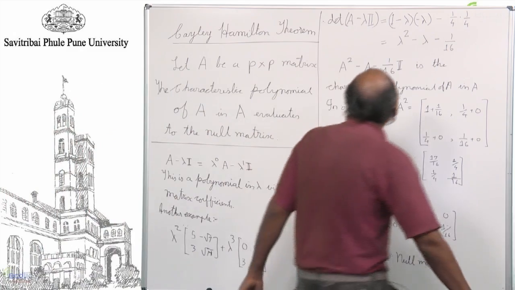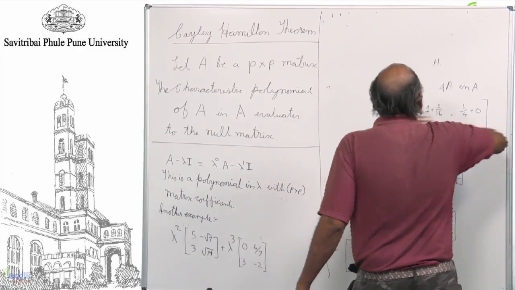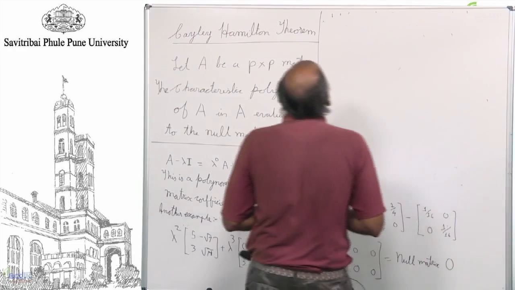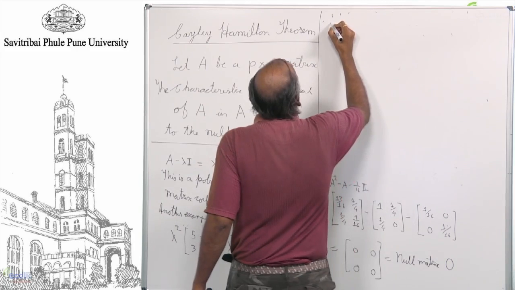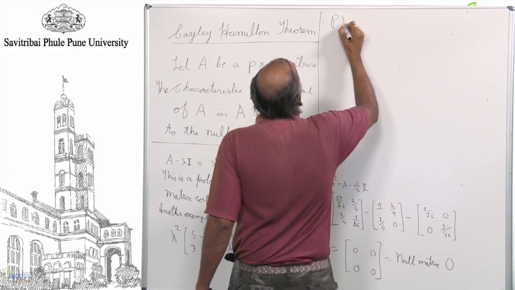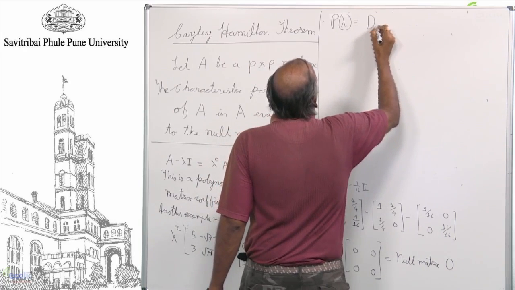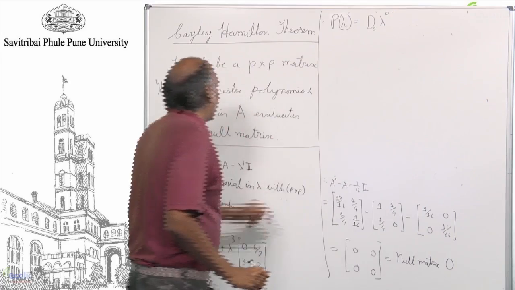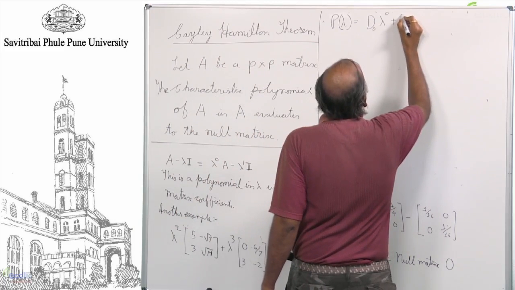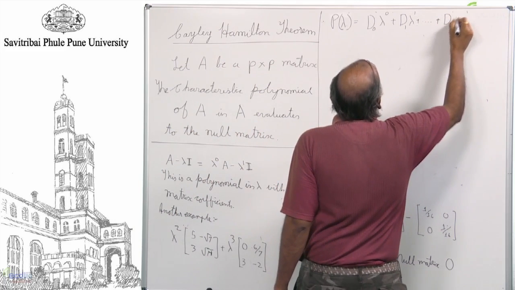So in general, let me define script T of lambda equal to d0 lambda to the power 0 plus d1 lambda to the power 1 plus dot dot plus dn lambda to the power n.